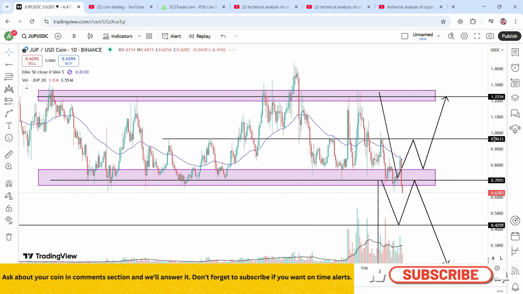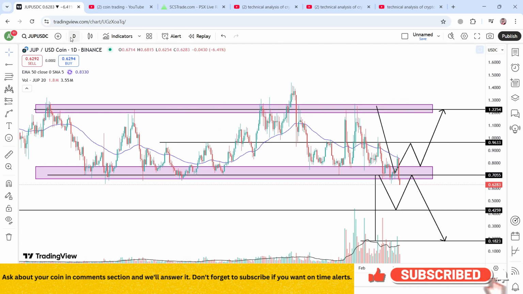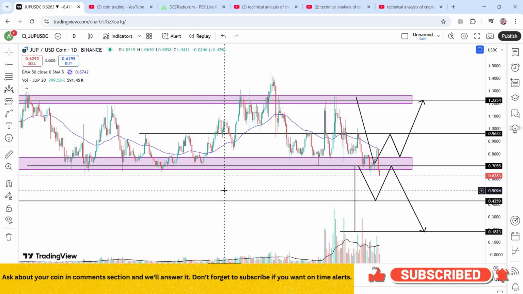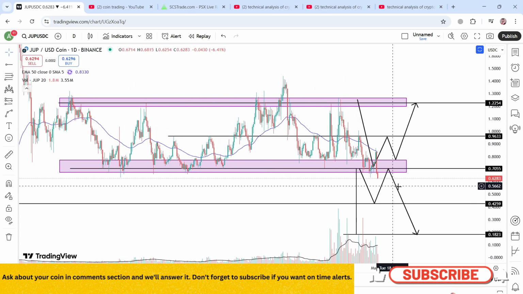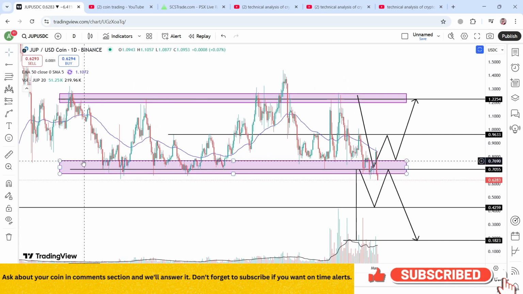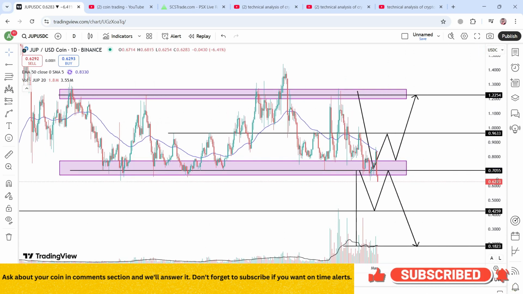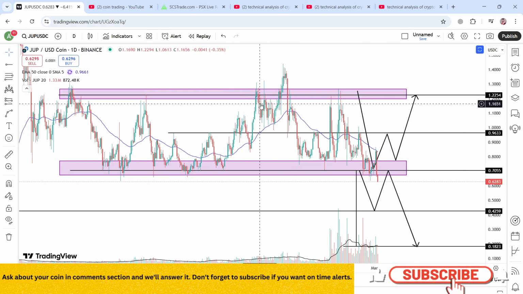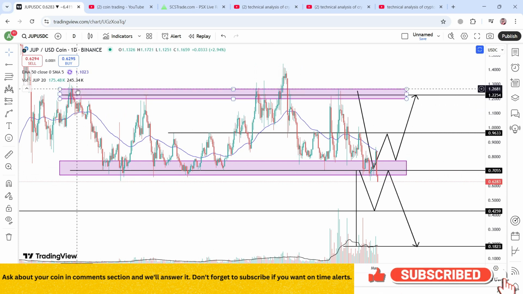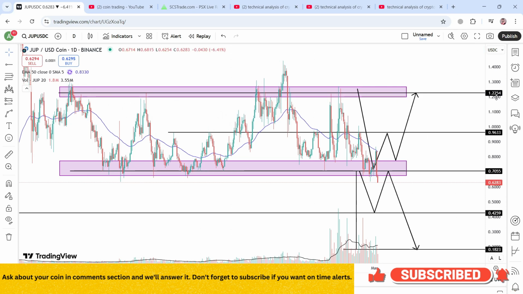The next coin is JUP against the USDC on 1 day time frame. Currently, this coin is consolidating in channel formation, where the support of this channel formation is this colorful zone, that is around 0.7055, and the resistance of this channel formation is this colorful zone, that is around 1.2254.